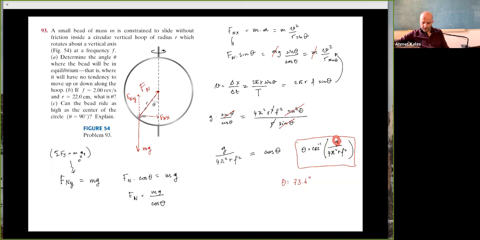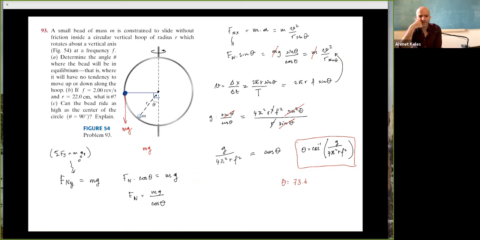So g and r are non-zero constants. You can increase f to make this smaller and smaller, but you have to reach an infinite frequency to make this zero. So you can spin this hoop as fast as you want, but it will never be 90 degrees because f will always be finite. Okay, that's it for today.